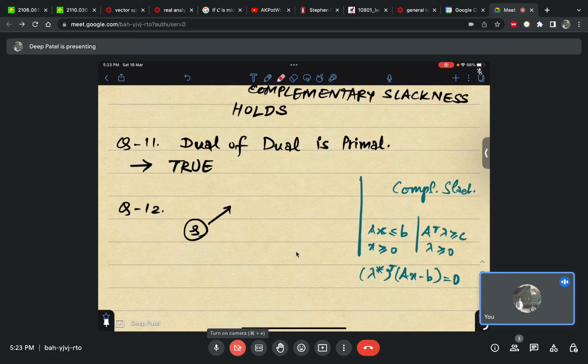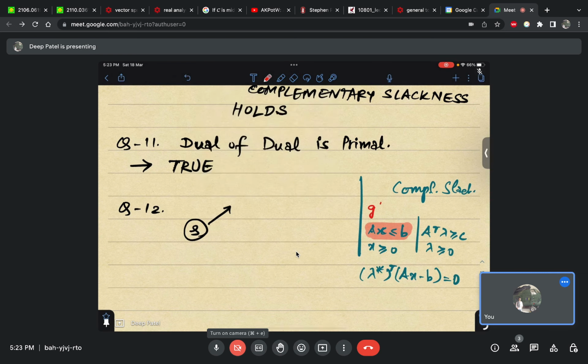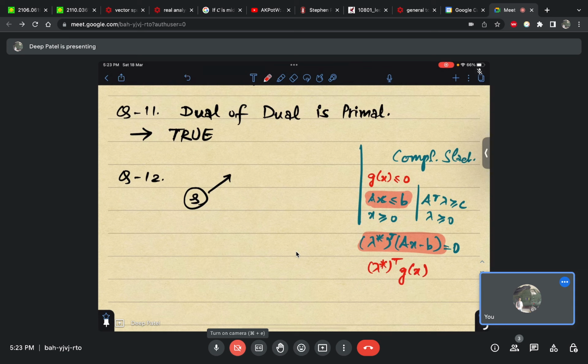What you can hope to get instead is g of x less than or equal to 0. So what you'll end up getting is something like this.